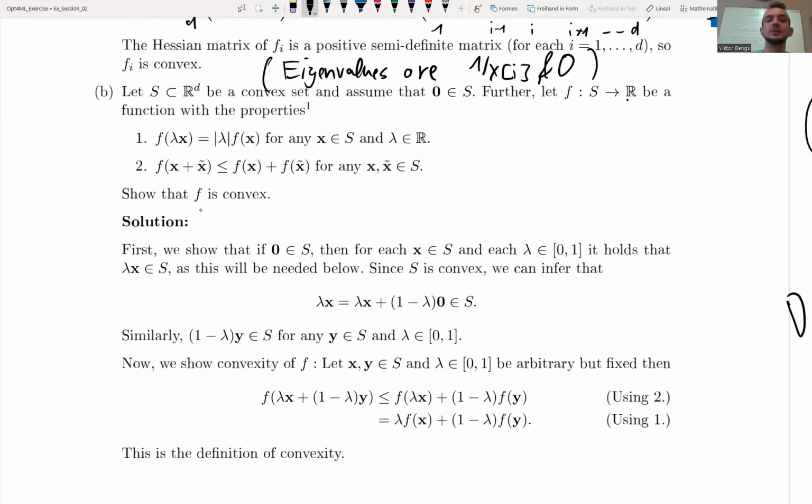And by the way, this property is fulfilled by any semi-norm on S. So this is this positive homogeneous property and kind of triangle inequality, something similar in this regard.